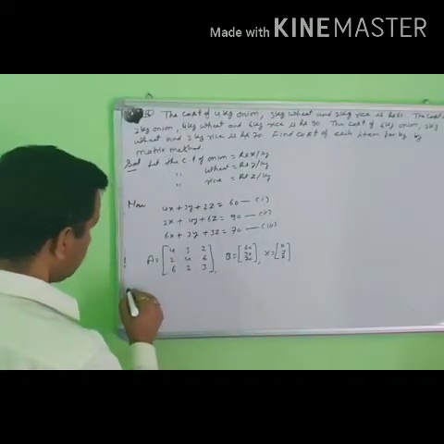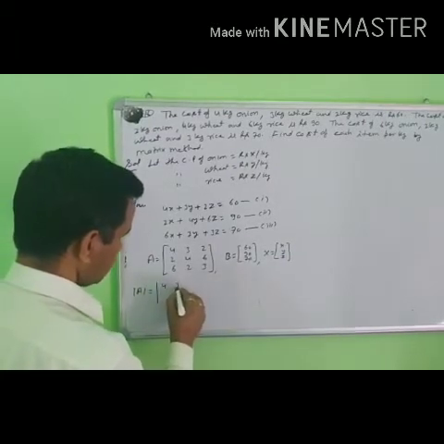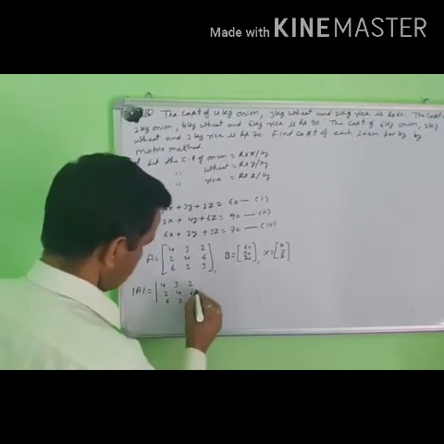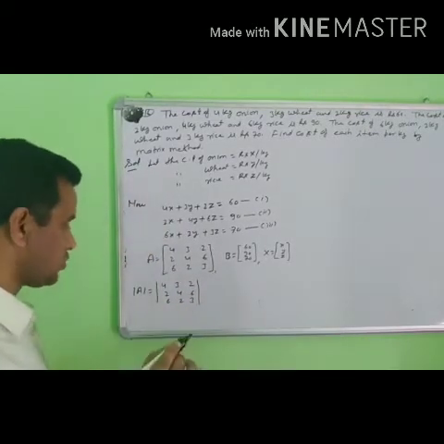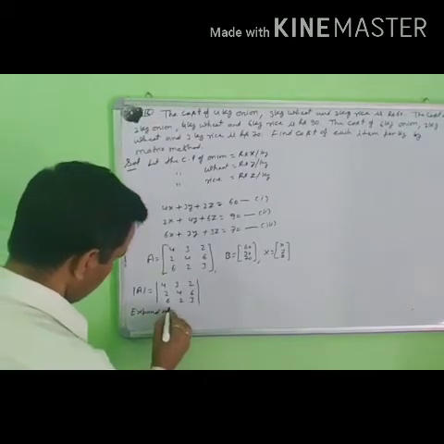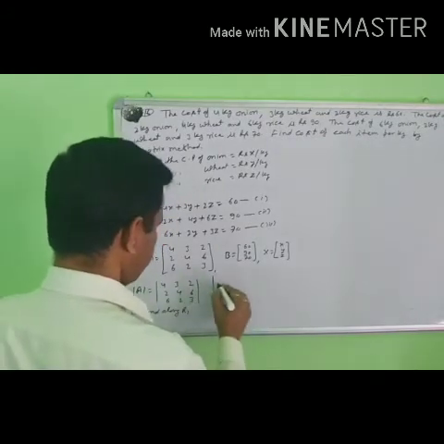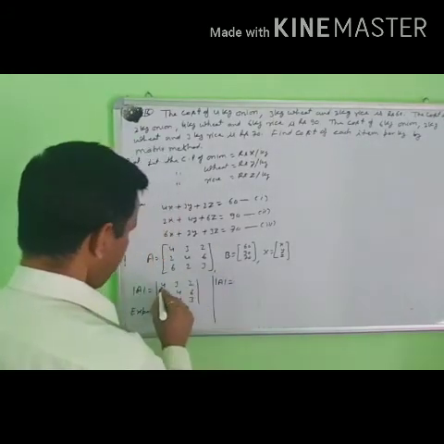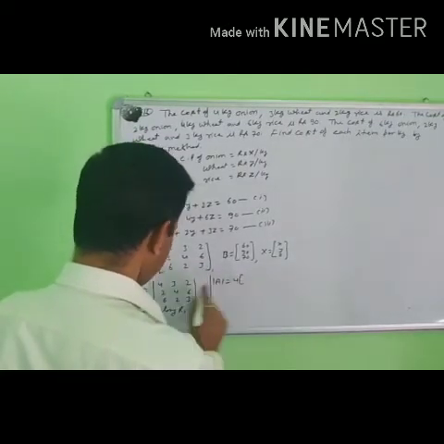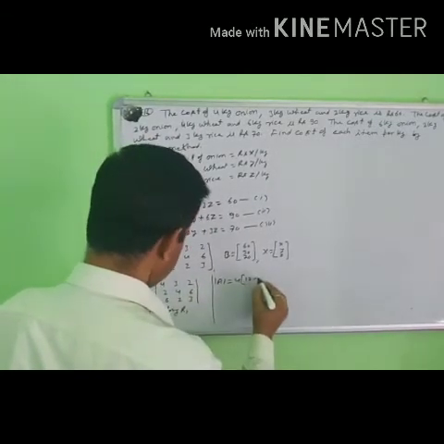So now the determinant of this matrix, 4 3 2, 2 4 6, 6 2 3. Expand along any row or column, it does not matter. Expand along R1. Determinant A equals, for R1, plus minus plus: 4 times, 4 times 3 is 12, minus 6 times 2 is 12.